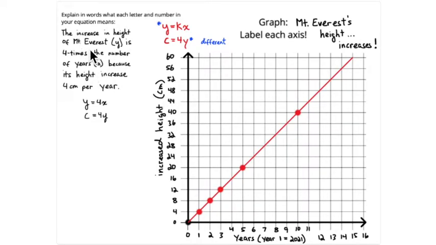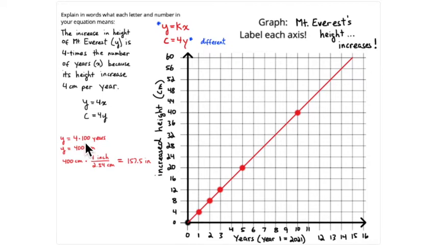Okay, the increase in height of Mount Everest, y is 4 times the number of years, because the height increases 4 centimeters per year. So these are the different values on the table. So I graph them. They fall in a straight line. It goes through 0. So 1 year, 2 years, 3 years, 5 years, and 10 years. 10 times 4 centimeters per year is 40 centimeters.